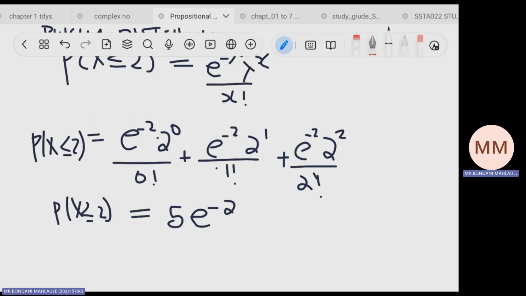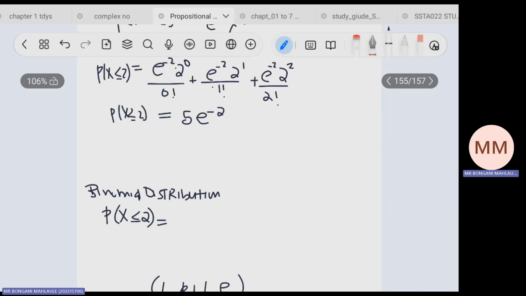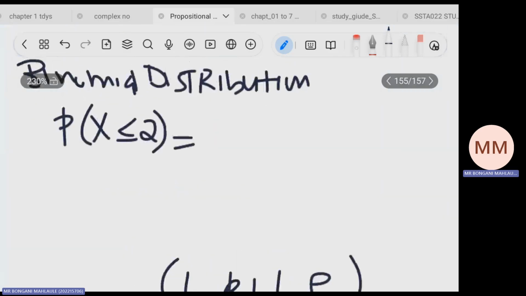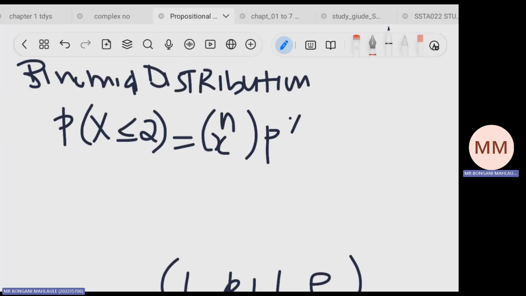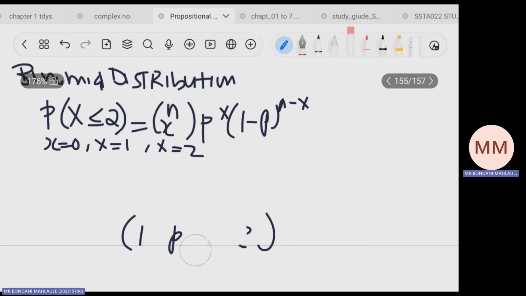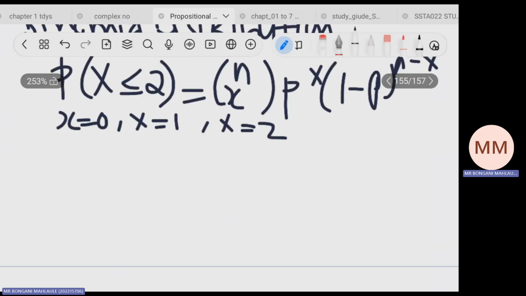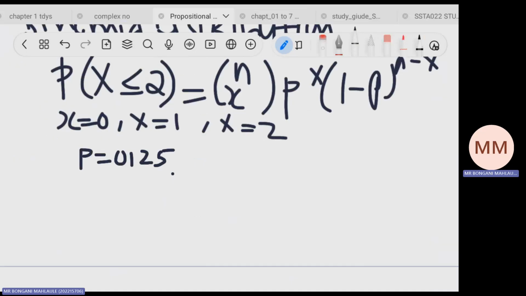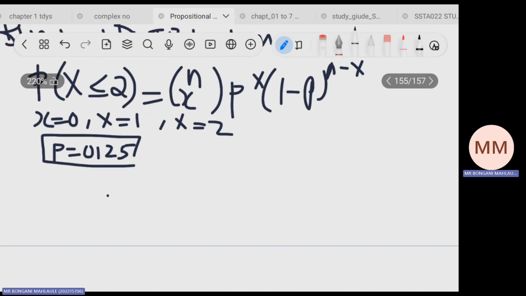For the exponential. Then for the binomial, you will use the formula n choose x, p to the x, 1 minus p to the n minus x. So we'll check for x equal to 0, x equal to 1, x equal to 2. So obviously you'll have something like this. Our p was equal to 2.5, 0.25. Recall that. And our n was 10.